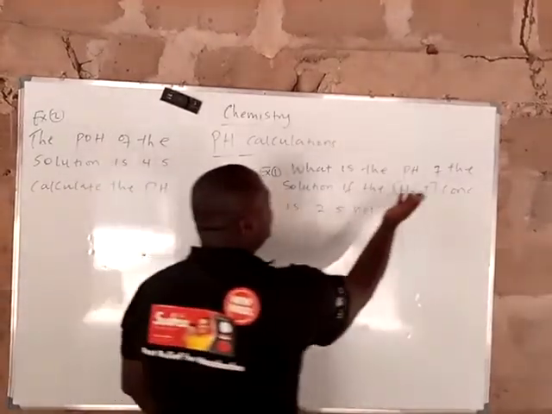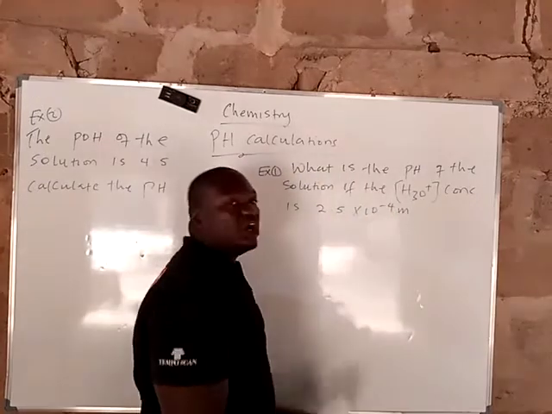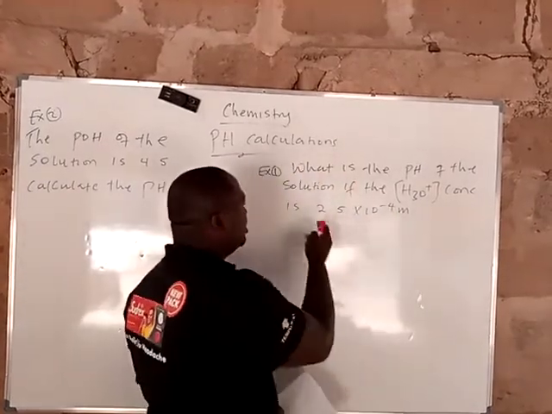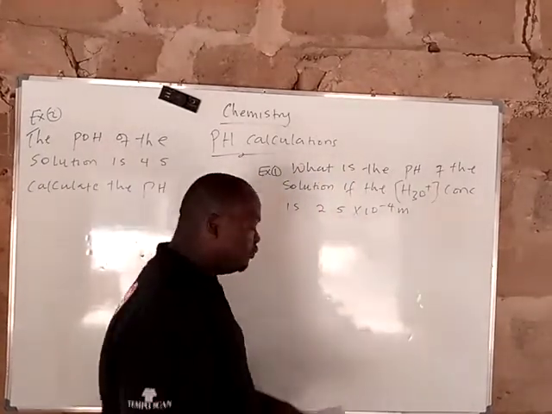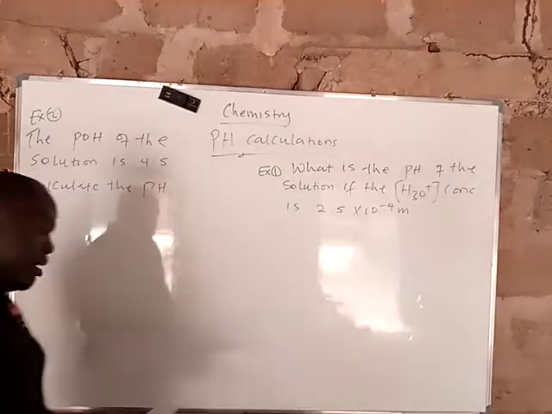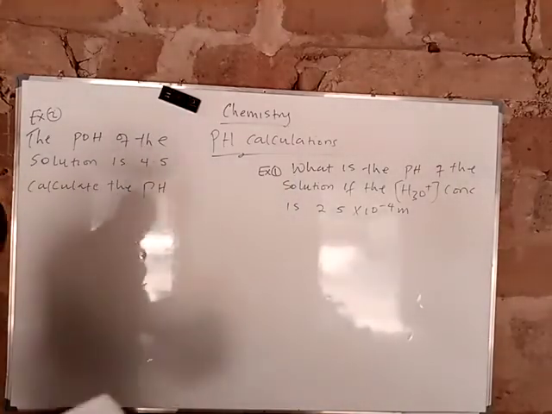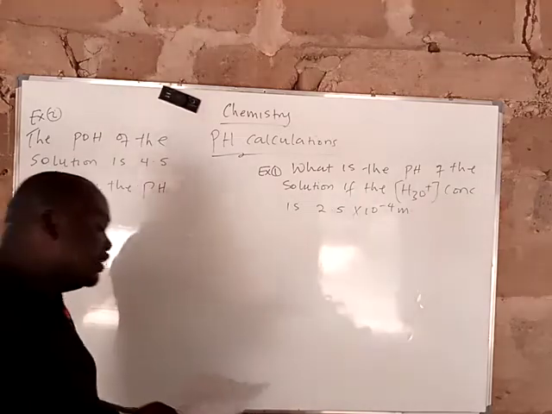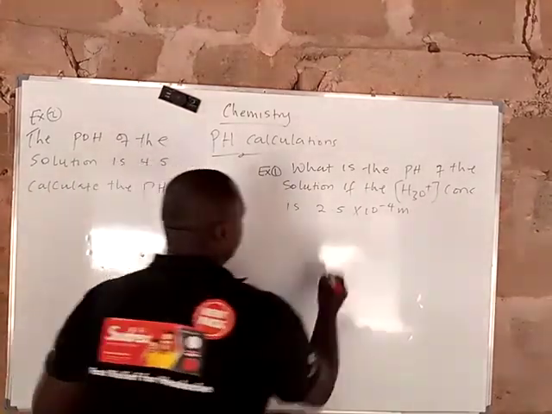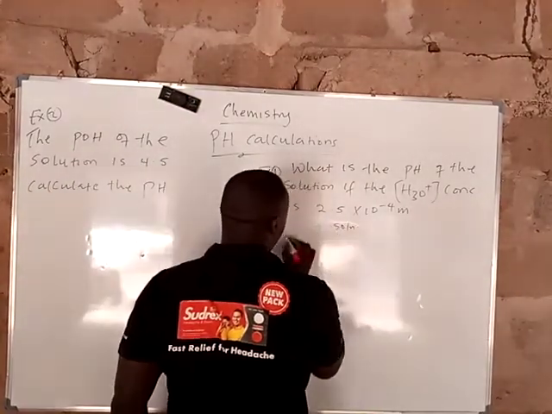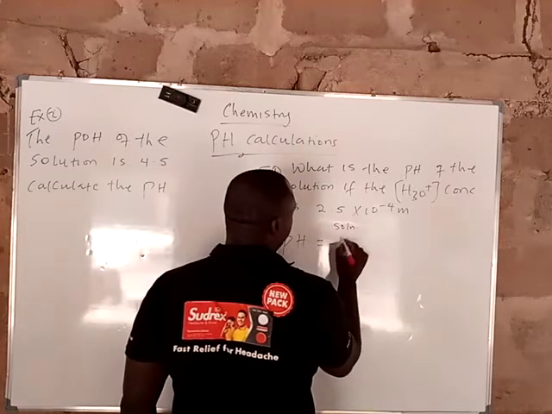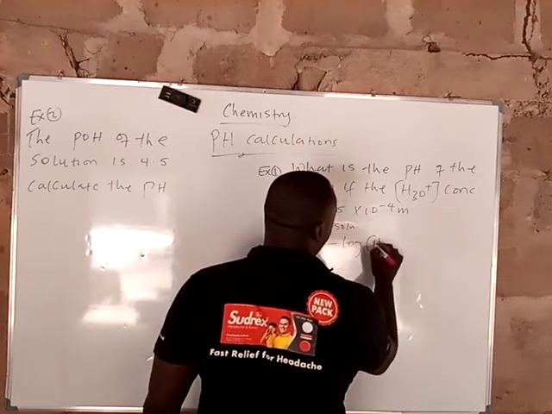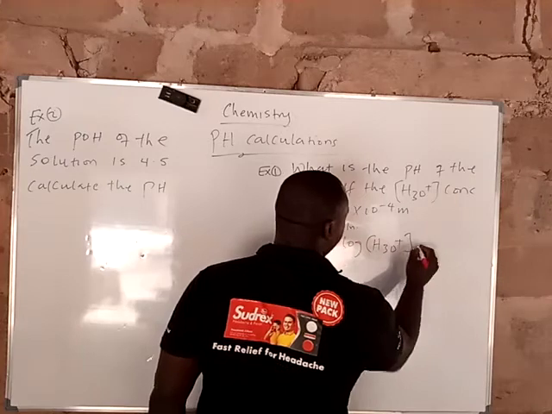What is the pH of the solution if the hydronium ion concentration is 2.5 times 10 to the power minus 14? Remember the formula I gave you in part 1. pH is equal to minus log of the hydronium ion concentration.